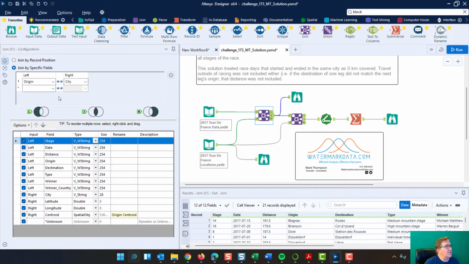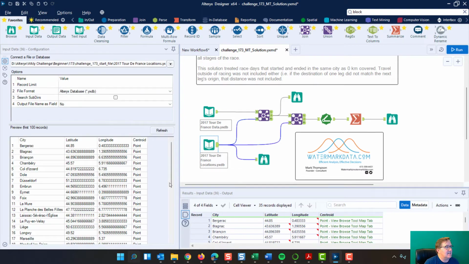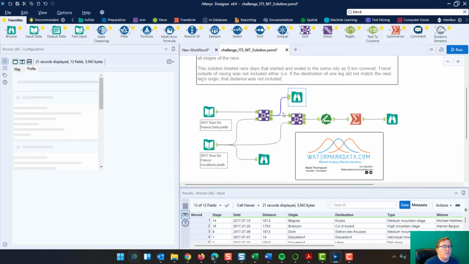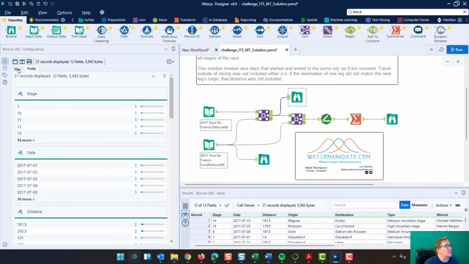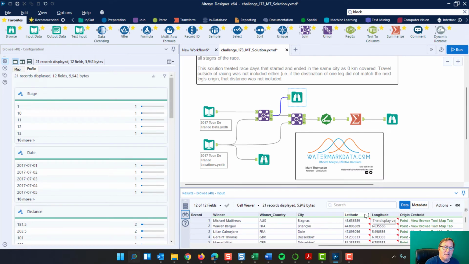So we do this with a join, and we say origin, and in this case on the right side we're saying city because it's called city down here. And we get this information out that says, hey, look at now, we've got this city, long, lat, and an origin centroid, an origin point.